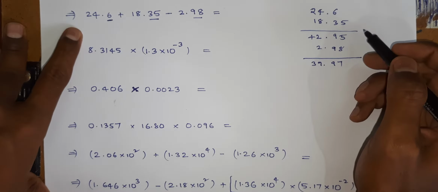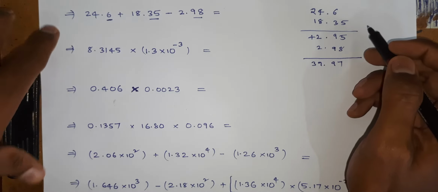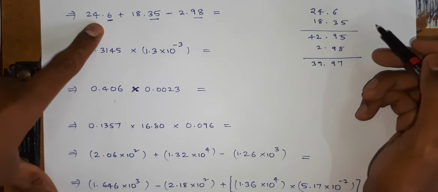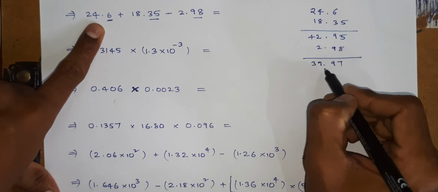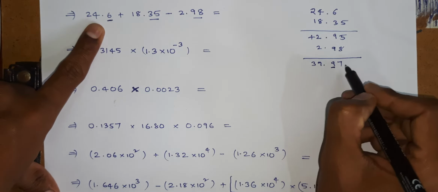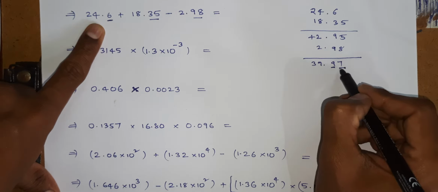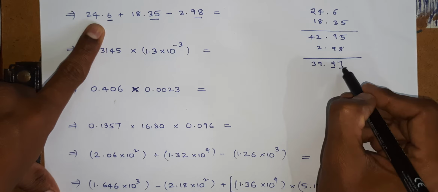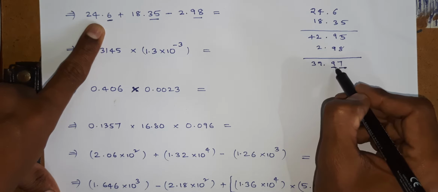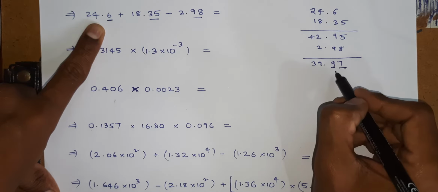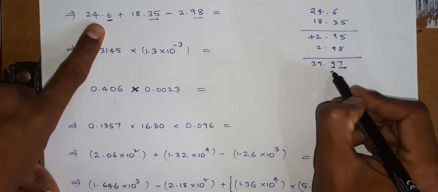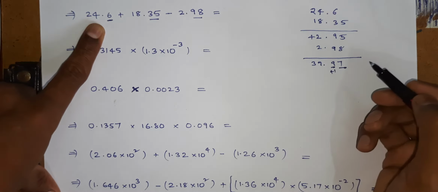So in this, the least decimal place decides the answer. Okay, so the answer should be in one decimal place. To remove the 7, since this 7 is greater than 5, we have to round the 9 by addition of 1.